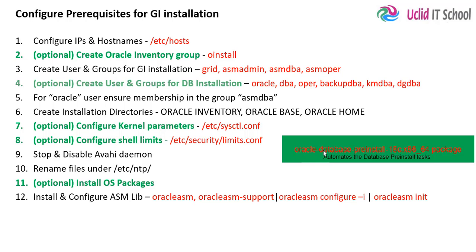If you don't install this RPM, you have to configure all these tasks manually. So that way, this RPM automates some of the pre-installation tasks. So what we will do, we will go ahead and install this RPM to reduce our work.